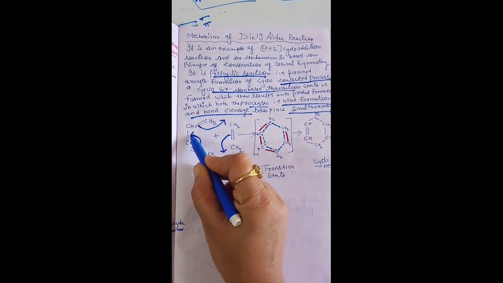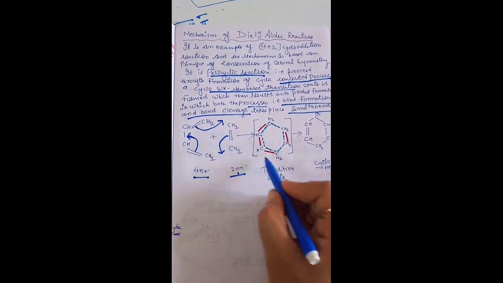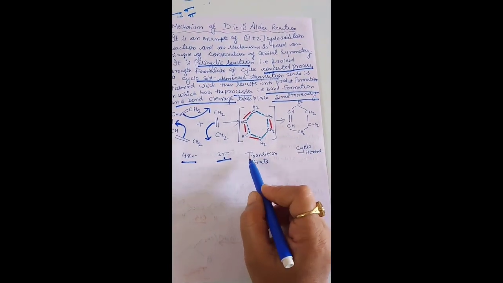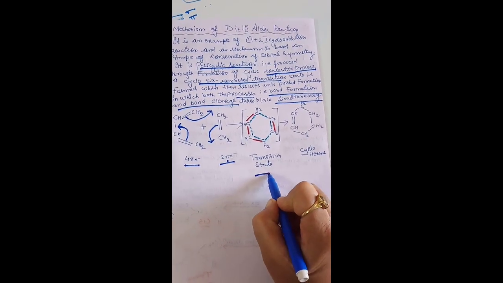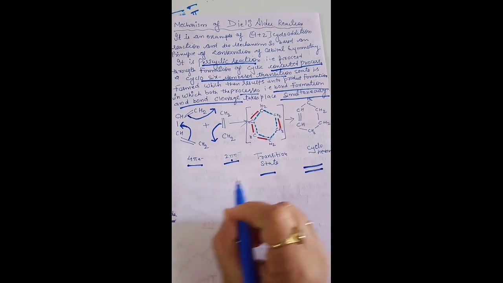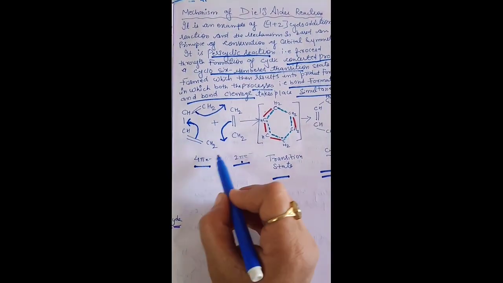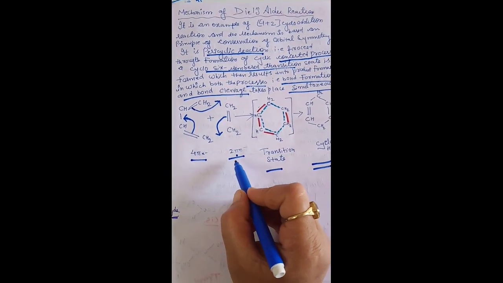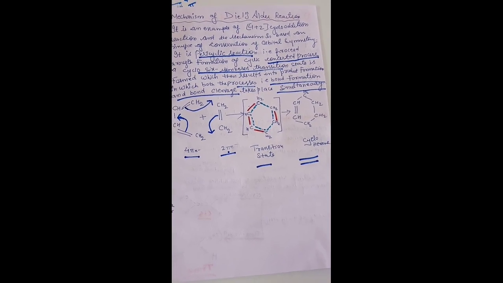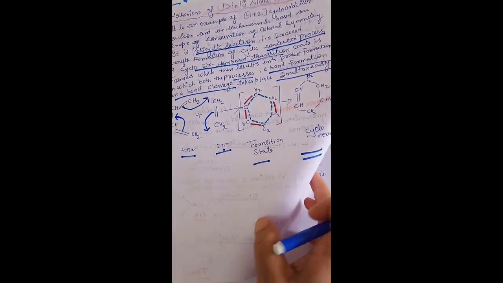So a double bond formation will start. So now we will have a cyclic transition state and it will result in the formation of the cyclohexene. So once again we can see, when a 4 pi electron system adds with a 2 pi electron system, it results in the formation of a transition state, and the product is our cyclohexene. So this is our Diels-Alder reaction.